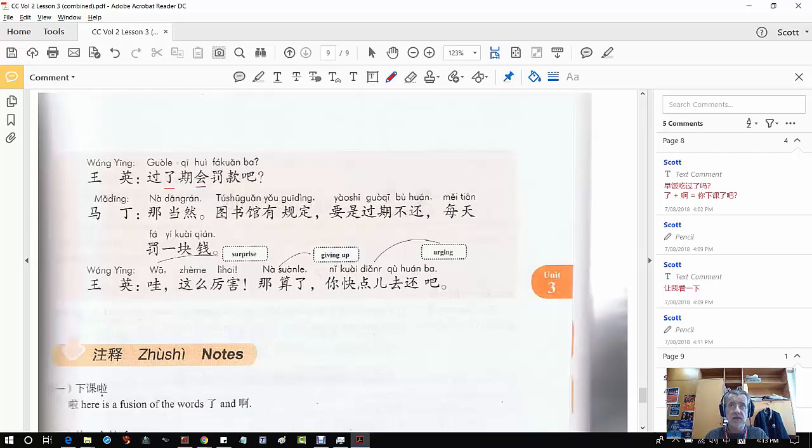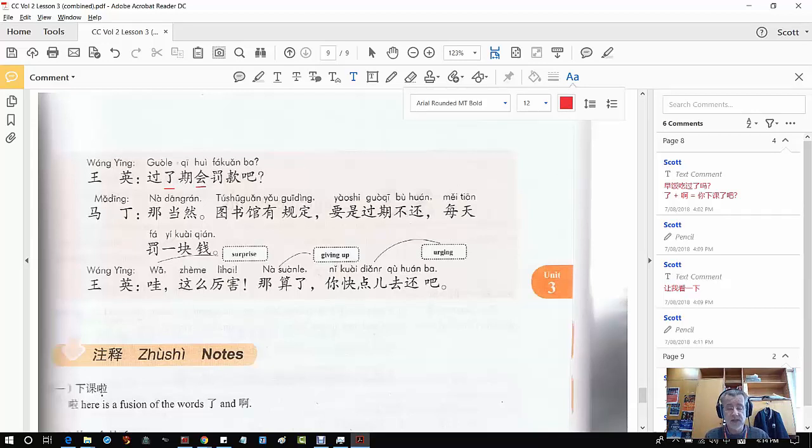So if I said to you, for example, oh, 你的同学怎么还没来? Why is your classmate not arrived yet? And then I say, 他来不来? Is he going to come?